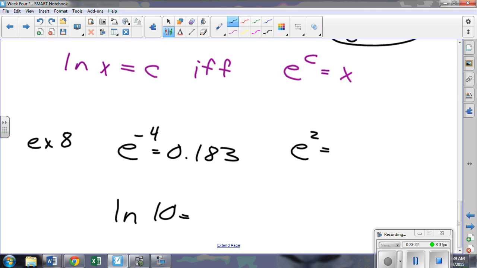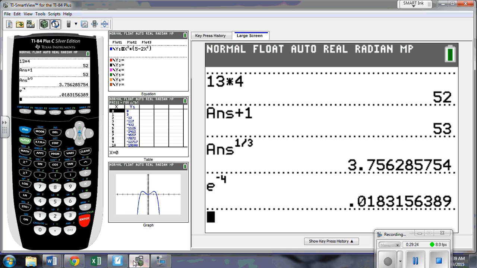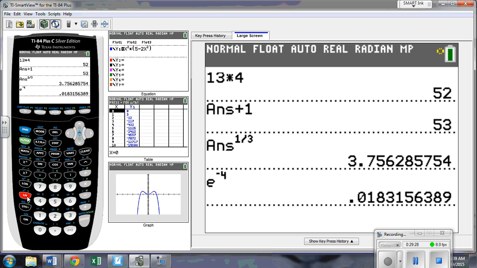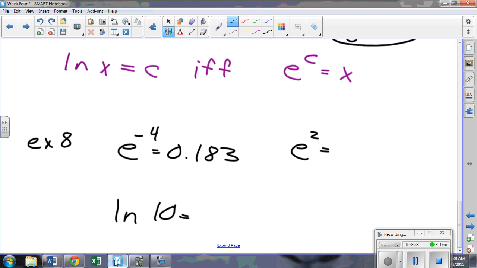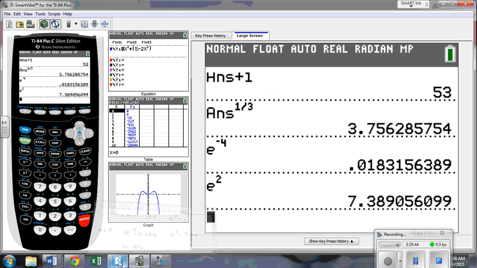e squared, we'll go e to the power of 2, which rounds to 7.39. And lastly, natural log of 10.